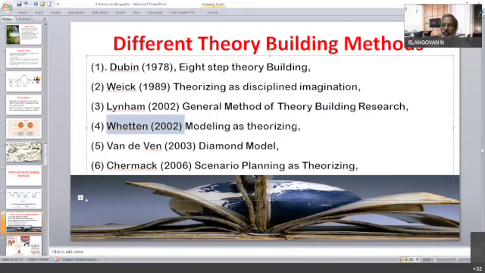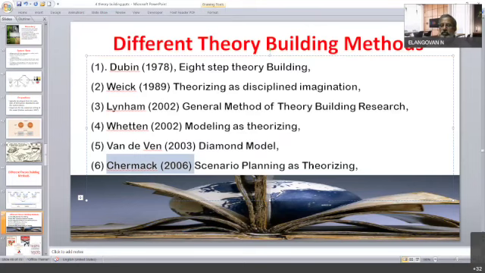So the next session is going to be developing a model through which we make an intermediate theory and then we'll make a proven theory. Then there is another author, Van de Ven, who speaks about a diamond model of a theory building process. And Cermak 2006 talks about scenario planning as theorizing.